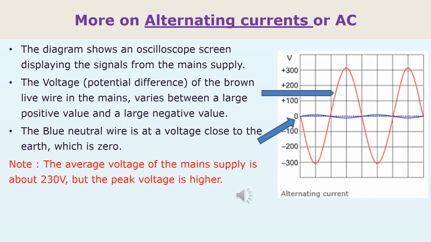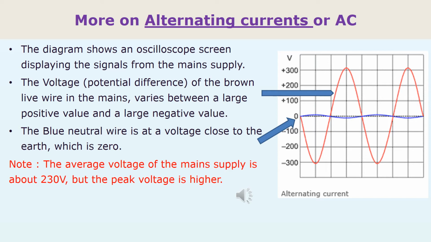Now, if you look here at our red wavy line, you will see there would be a mean or an average voltage of our mains of around 230 volts. You need to know that off by heart, that the main supply in your household, so our electricity supply, is carried at 230 volts.